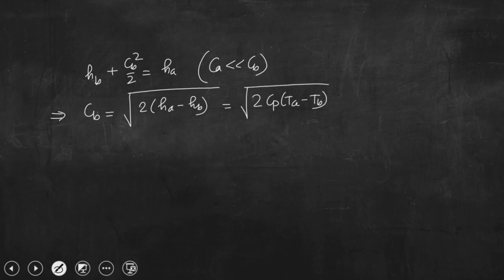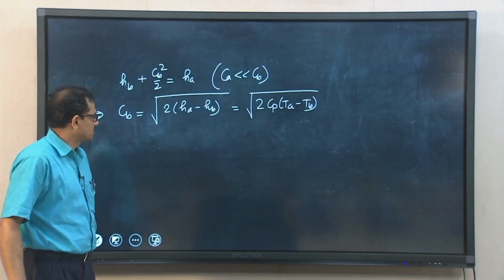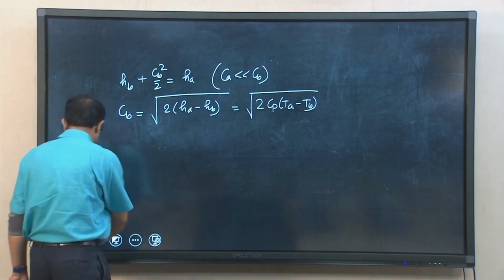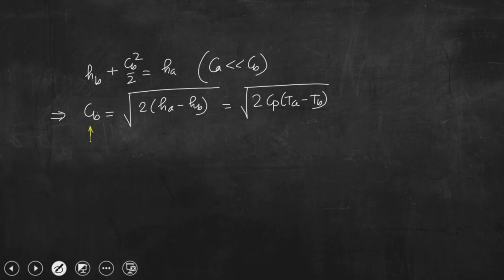We have assumed that this is the flow of an ideal gas and the flow is modeled by an isentropic process. So, this is the velocity of air at venturi or section BB.